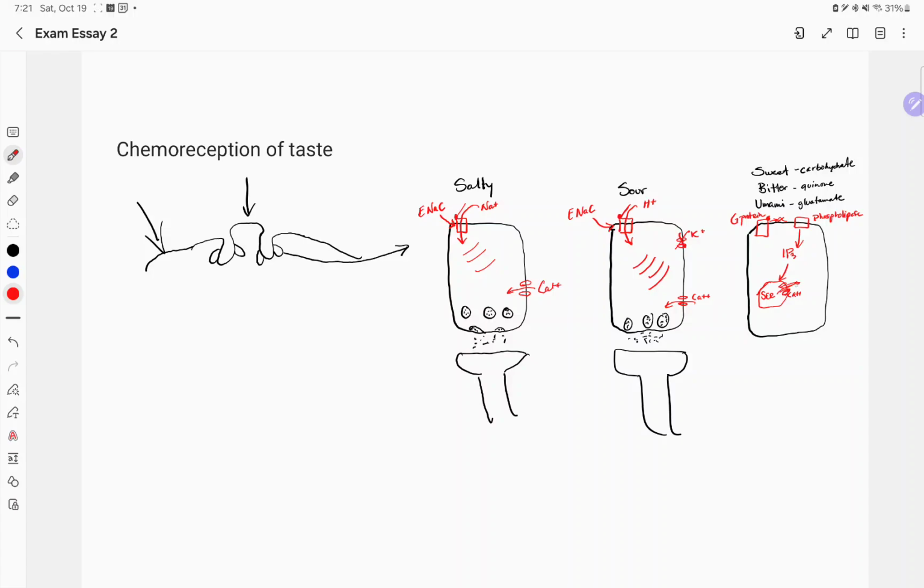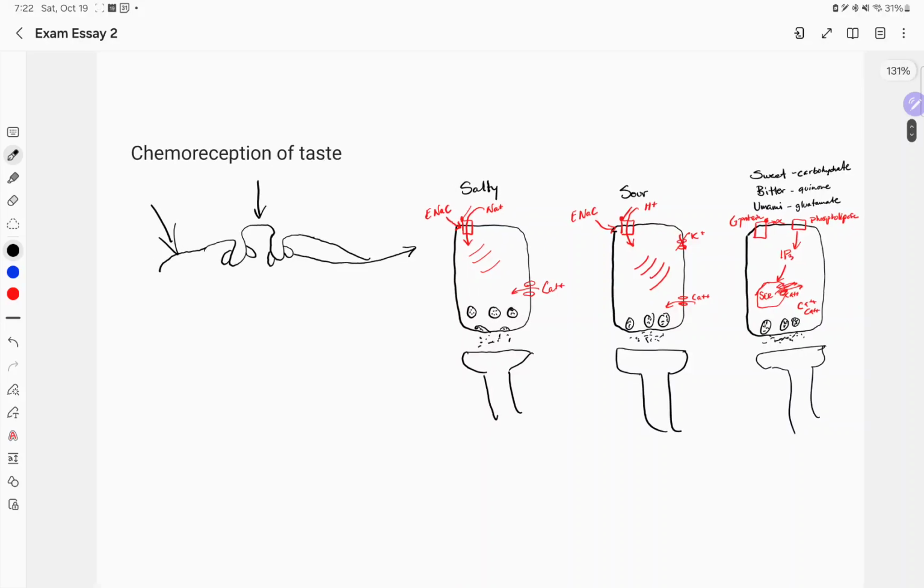So you have all this calcium coming out into the cytoplasm. And when we have a lot of calcium in the cytoplasm, we know that means these vesicles full of neurotransmitters are going to get released, causing an action potential on the neuron, telling the brain that this flavor is either sweet, bitter, or umami. That's what you're sensing in the taste bud.